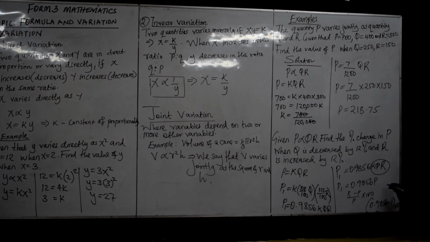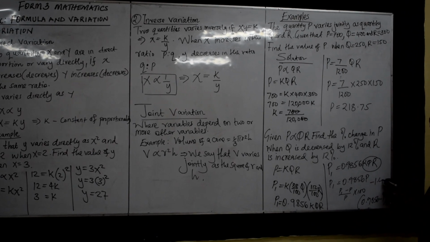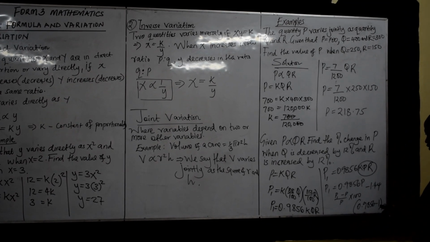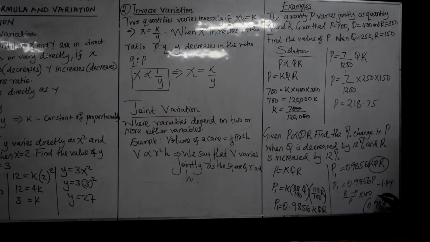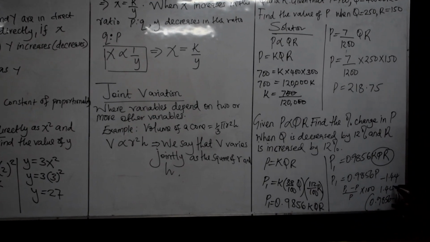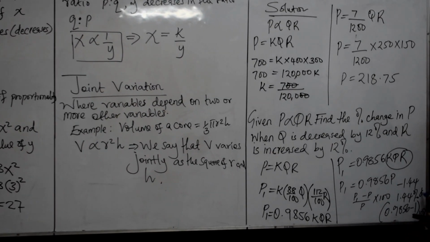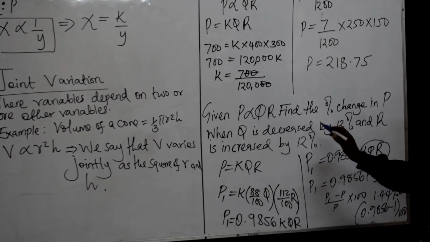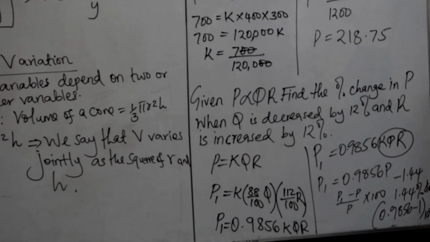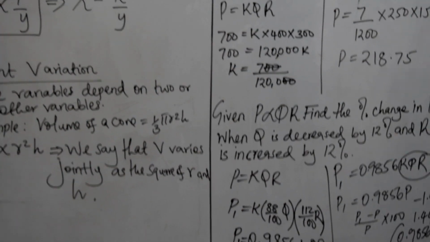And the answer will be negative 1.44, which we say is a 1.44% decrease. The percentage change will be a decrease in P by 1.44%.